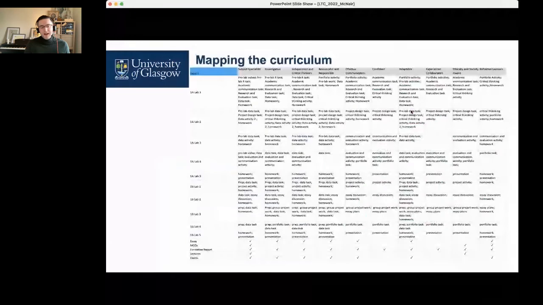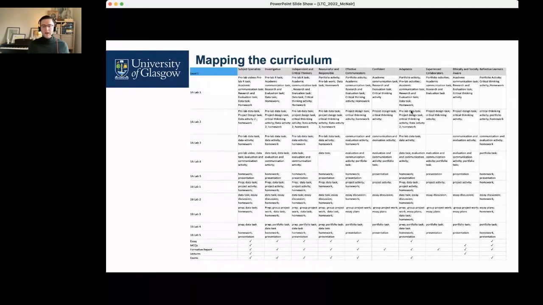One of the biggest tasks involved in creating the infographics was mapping the curriculum. What we had to do was go through every level of the graduate programme and every course of our PGT conversion course and look at what we are asking students to do in every aspect of the course: in labs, which you can see makes up the bulk of the mapping for level 1, in lectures, and in their assignments.